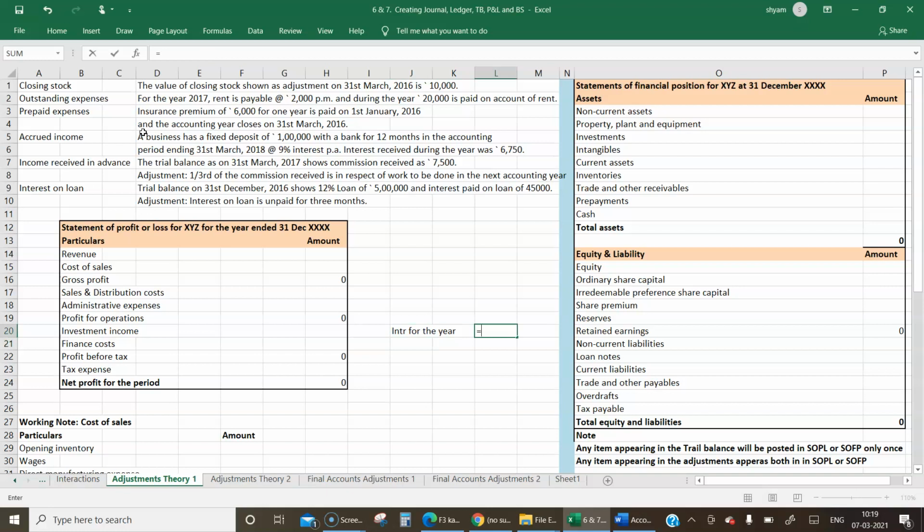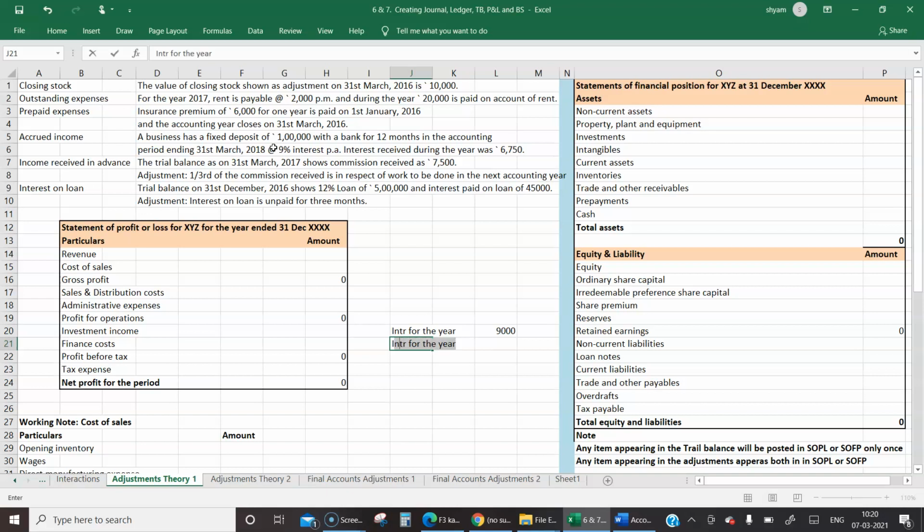It would be 1 lakh into 9%, that is 9,000 they have to receive. So that is their total income that they have to receive, but what is already received is already received.